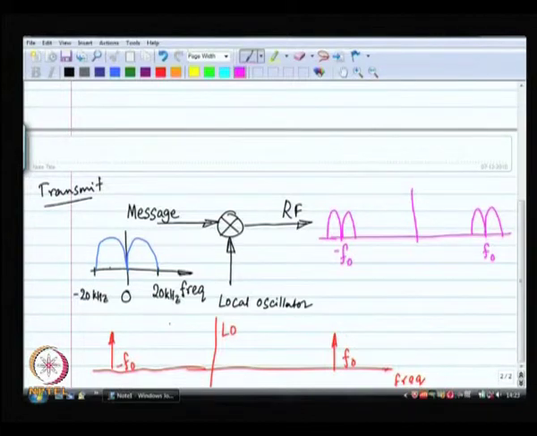Okay. You are going to get modulation of the message to the RF frequency, to the local oscillator frequency. So, around f naught you will get two side lobes.